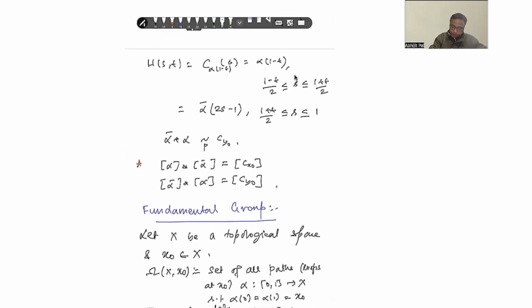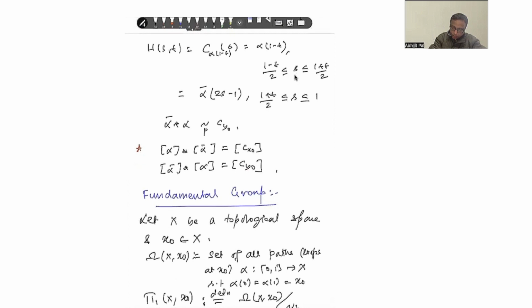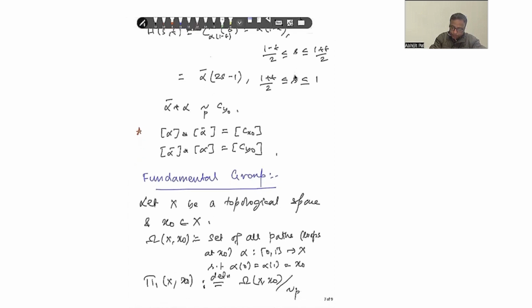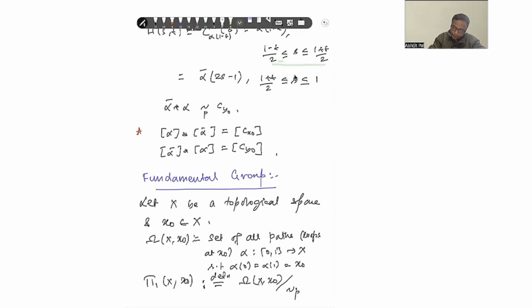And h(s, t) is the constant map alpha(1 minus t) in the middle interval. And again, when s is varying from (1 plus t) by 2 to 1, we take alpha bar(2s minus 1). So this will give you the homotopy.